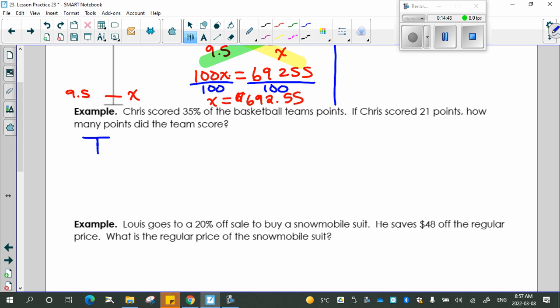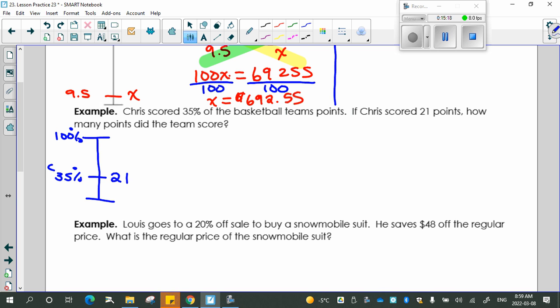All right, so this one I didn't draw you the graphic organizer. You have to remember how to do it. So remember, percent always goes up there. And then I'll give you a chance to try. See what we've got here. Chris scored 35%, so that's below 50, of the basketball team points. So this is Chris here. It says he scored 21 points, which is 35% of what the team scored.